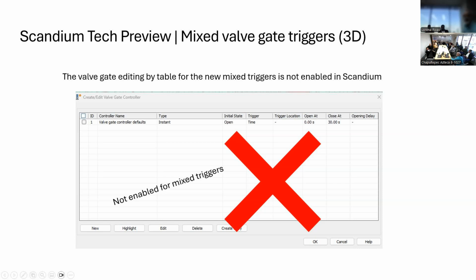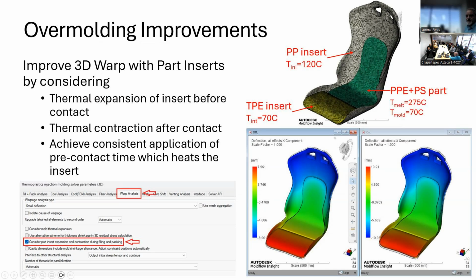So, for instance, if you are used to editing the valve gate controllers in a table form, that does not work for the new implementation yet. So there's more work to be done on our side. We know this. We just want to make sure that this gets used by customers and get feedback. Does it work? Are we missing things? There's a lot of combinations to test here, so feedback is super important.